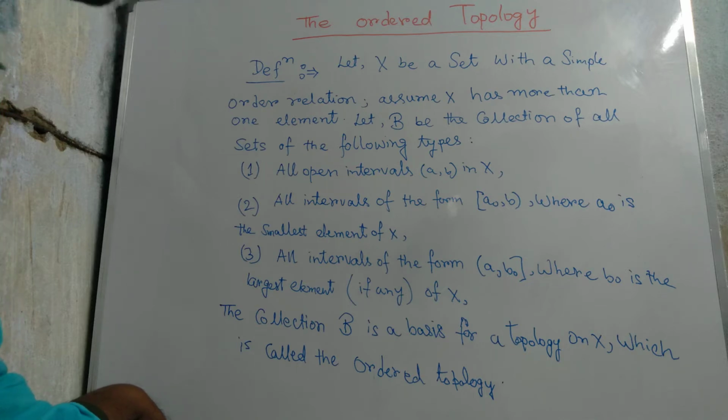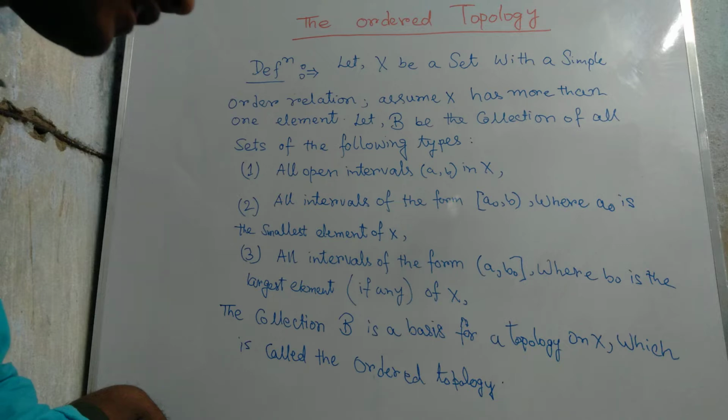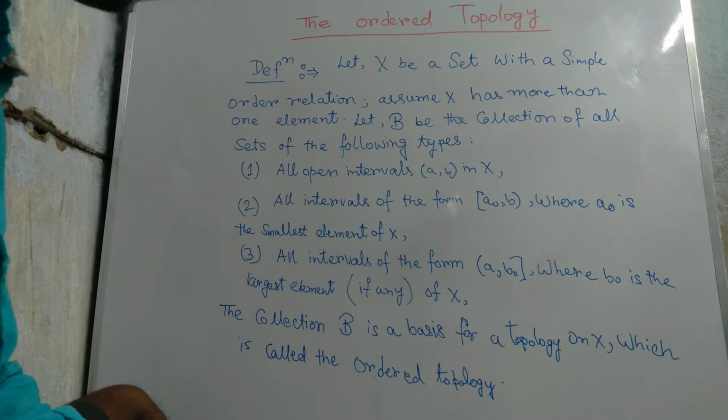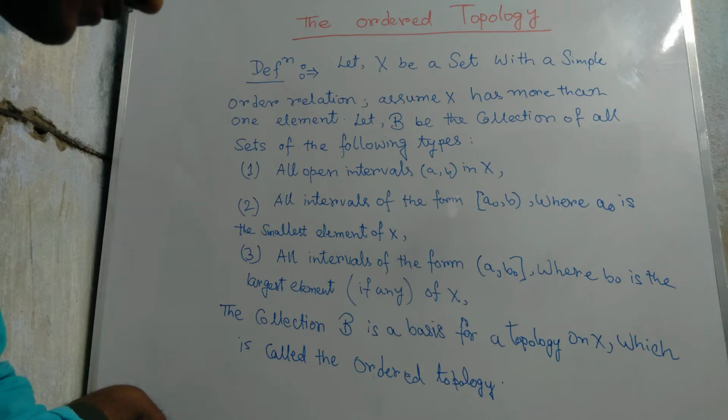For each and every element of the set, there is a basis element containing this element, and if one element lies in two different elements of the basis, then a third basis element contains this element and lies in their intersection.